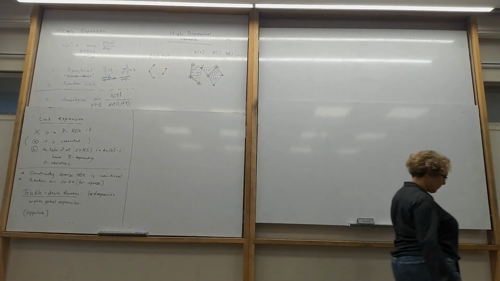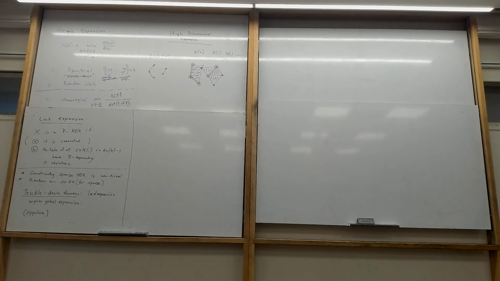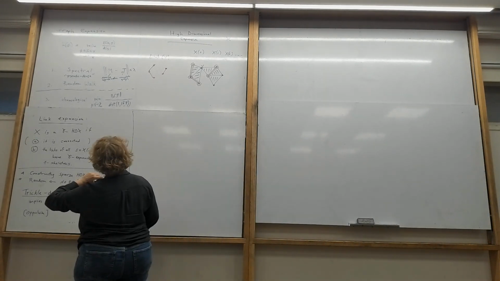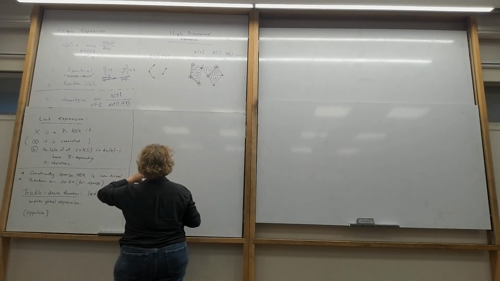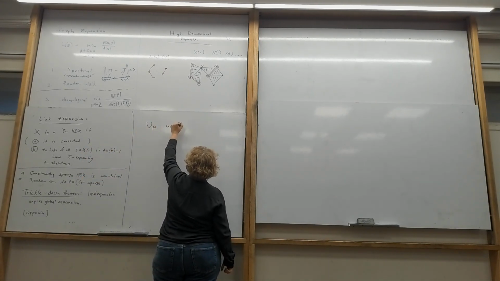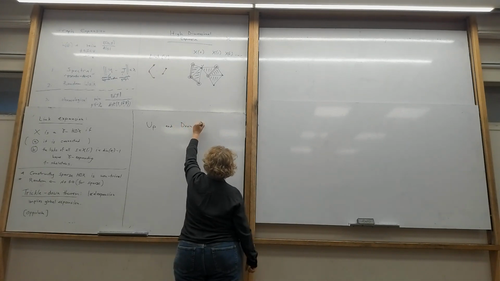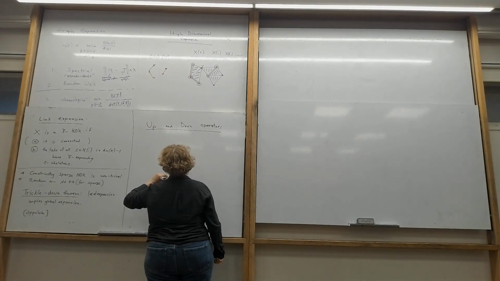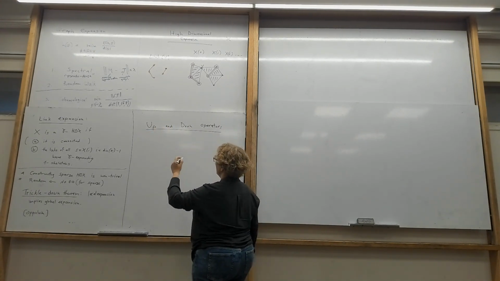Then we moved to talk about up and down operators. So the first notion that was very important is this notion of the link, and the second notion that was very important is the up and down operators.